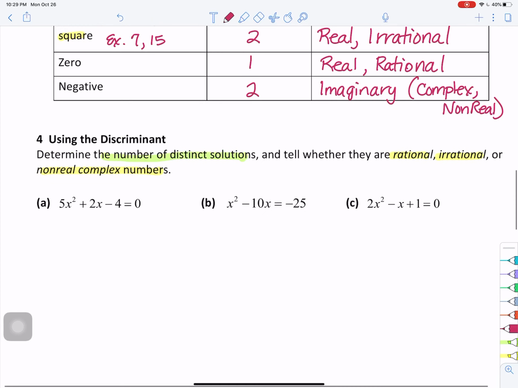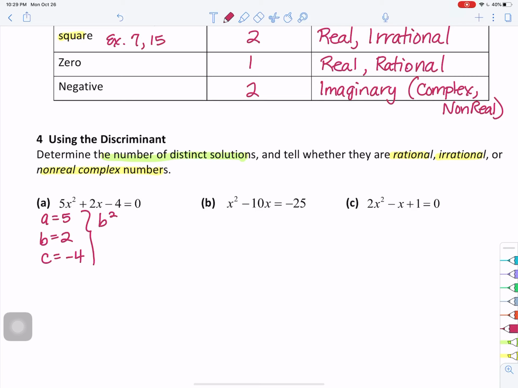So this is already set equal to 0. A is 5, B is 2, and C is negative 4. B squared minus 4AC is equal to 4 minus 4 times negative 20. 4 plus 80, and that's 84.